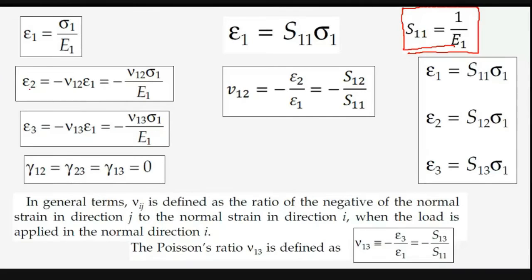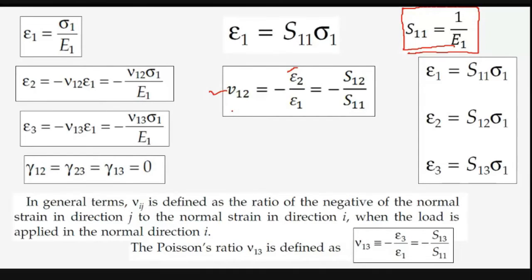That is epsilon 2 upon epsilon 1. If you take epsilon 2 divided by epsilon 1, what will you get? S12, with sigma 1 cancelled, divided by S11. So you got nu 12. This is clear.